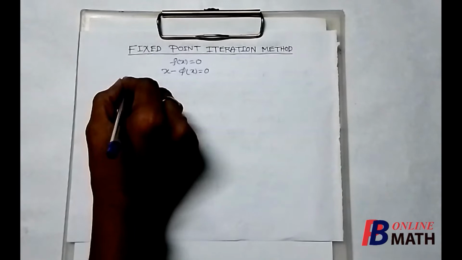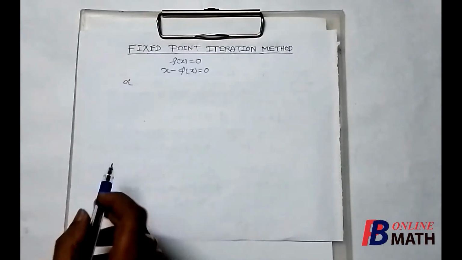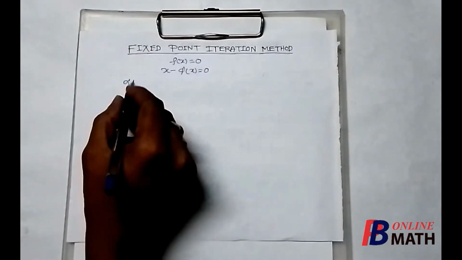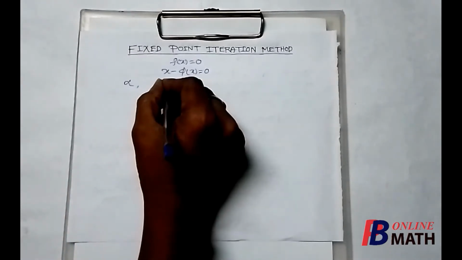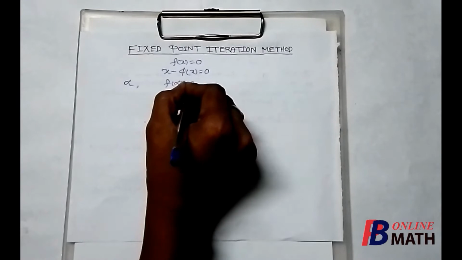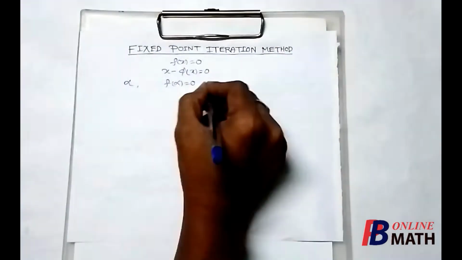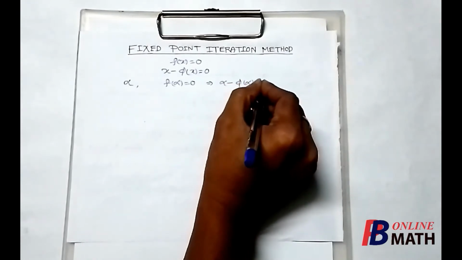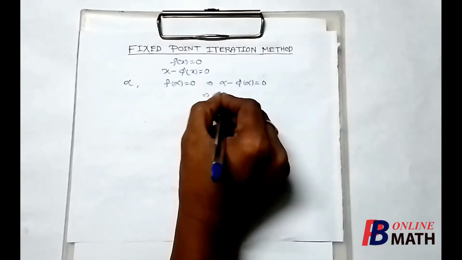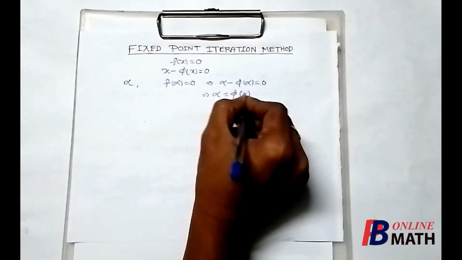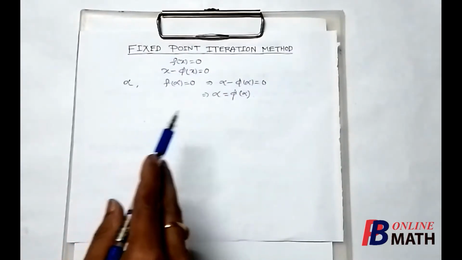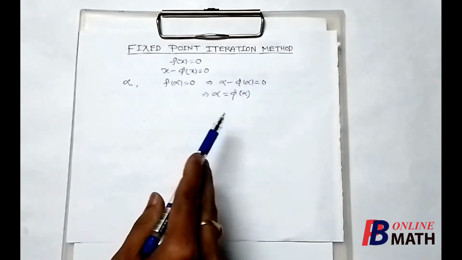Then if alpha is the actual root of the equation f(x) = 0, then for this root alpha we have f(alpha) = 0. That means alpha minus phi(alpha) equals 0, that is alpha equals phi(alpha). So this root alpha must satisfy the equation alpha equals phi(alpha).